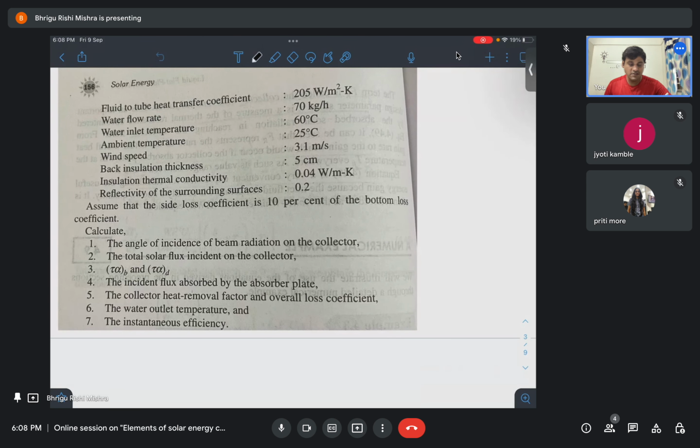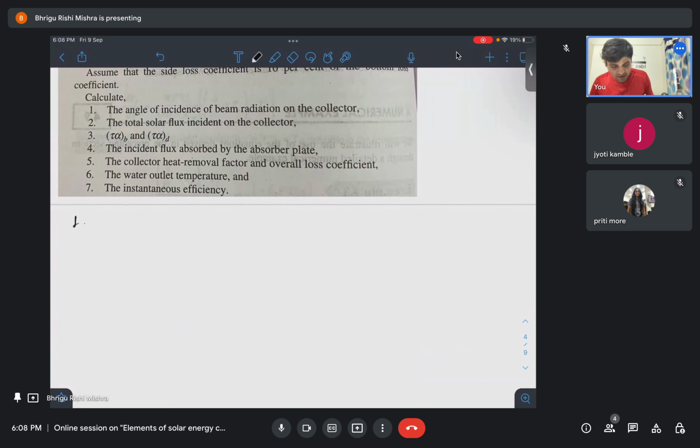I'll start with the first one: the angle of incidence of beam radiation on the flat plate collector. If you recall, we need the declination angle, latitude of the location, and hour angle to calculate the angle of incidence.